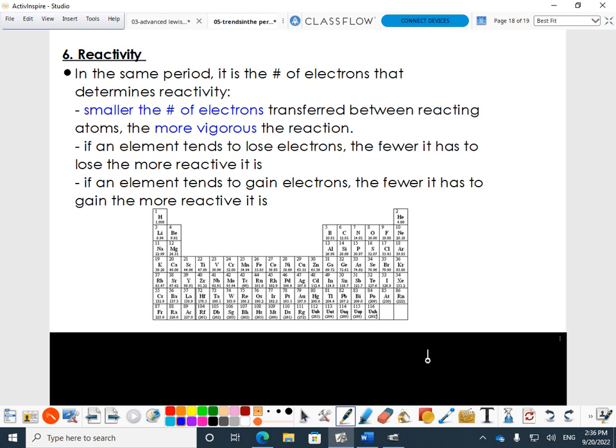So it's really towards the outside, like reactivity increases this way and this way.